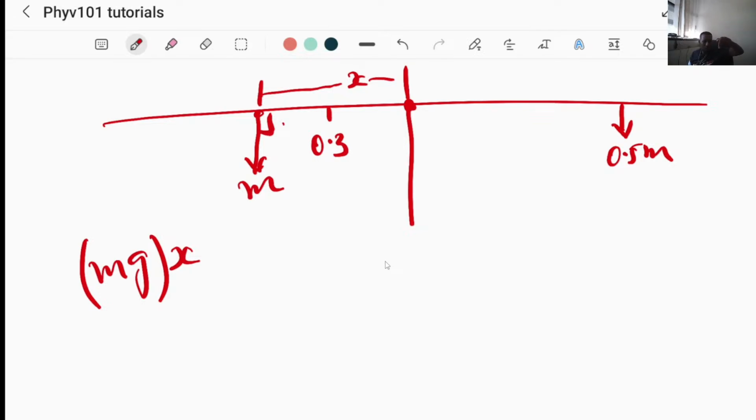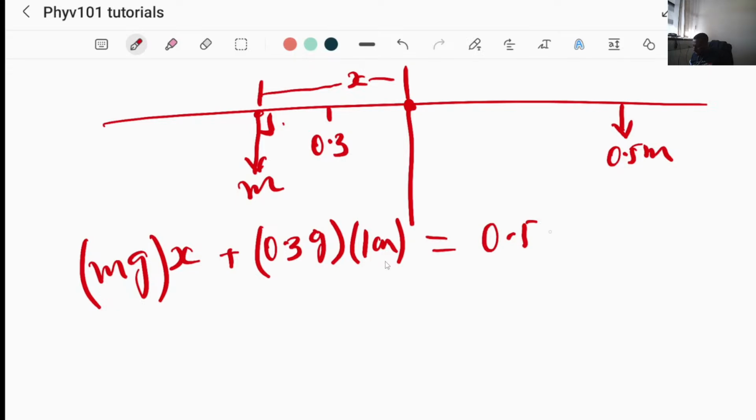The angle between them is 90 degrees. I forgot about that one. Plus mass times the gravity, which is 0.3 g, times the distance, which is 1 centimeter, must be equal to 0.5 g. This is mass times gravity times the distance that we said.